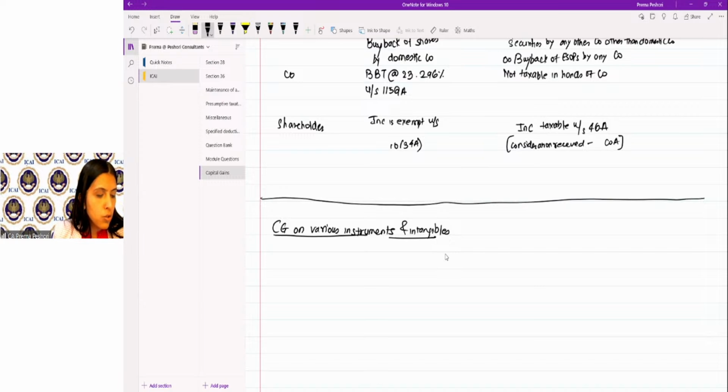Okay. So first of all, let's talk about the conversion of debt to equity. Conversion of the debentures into equity shares.